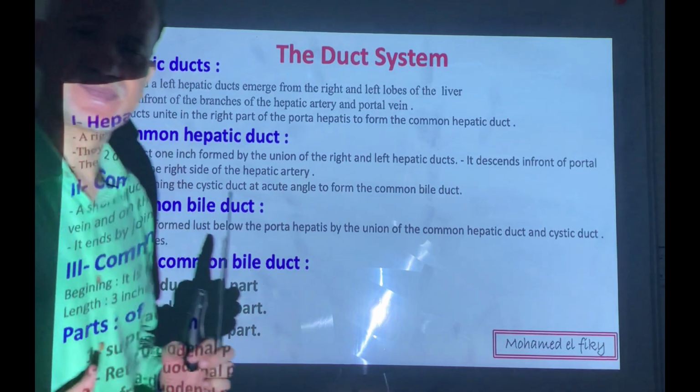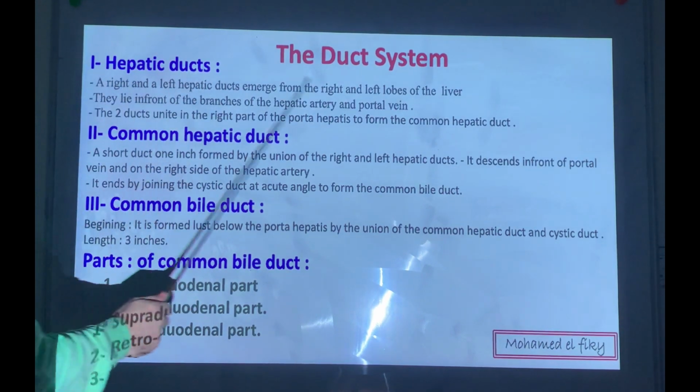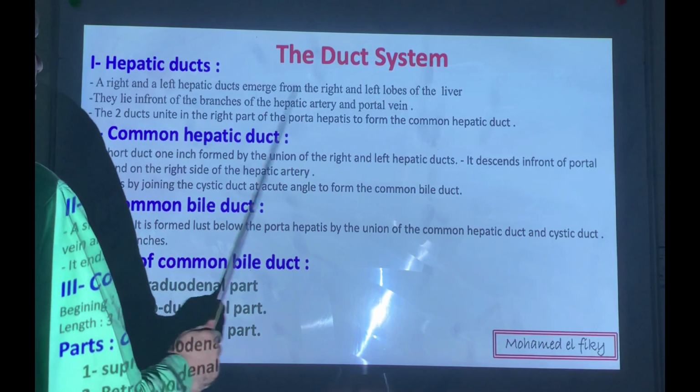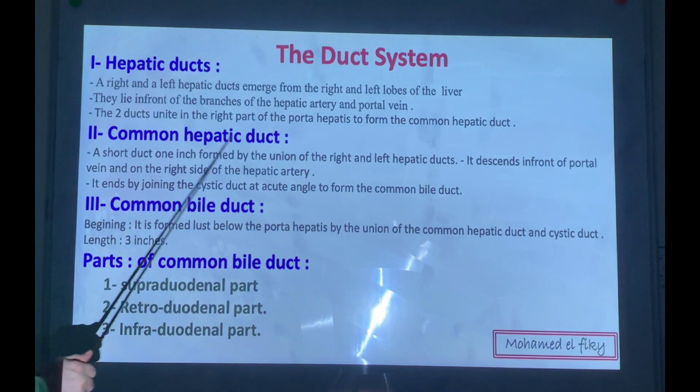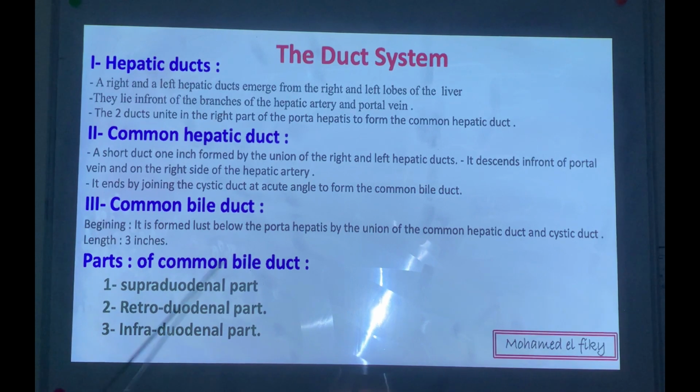Duct system. The right hepatic and left hepatic ducts drain bile secretion from the liver. Common hepatic duct, then common bile duct. The details of the common bile duct are very important. The common bile duct is divided into three parts: supraduodenal part, retroduodenal part, and infraduodenal part.